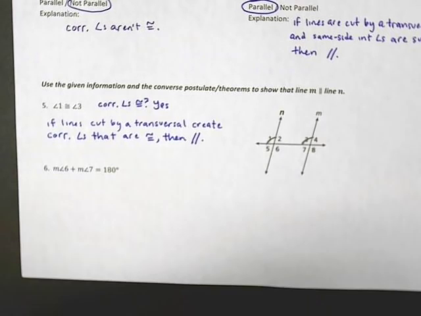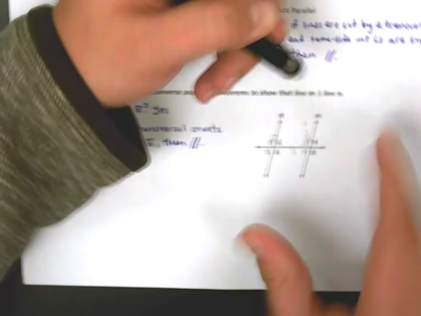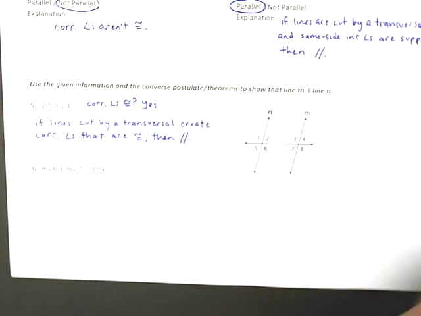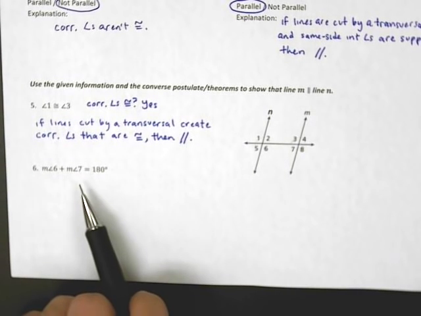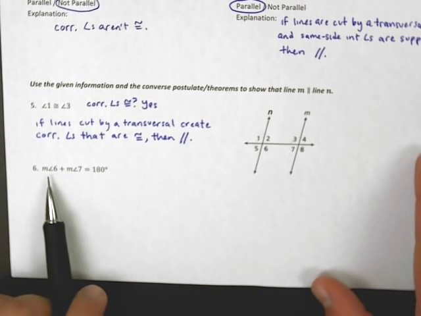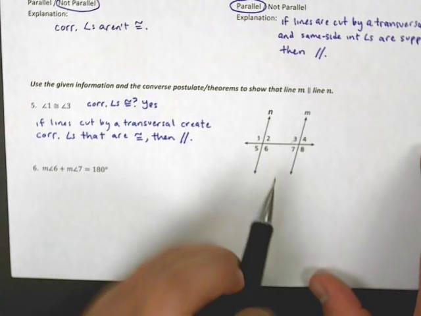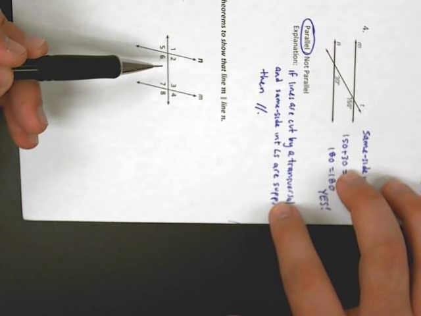Alright, now what I'm going to do, I'm going to erase this just so I don't get confused with my other question. And now I look at 6, I look at 7, and it's telling me that the measure of 6 and the measure of 7 are equal to 180. So let's look at 6 and 7. Ooh, 6 and 7, what type of angles are those? 6 and 7 are same side interiors.